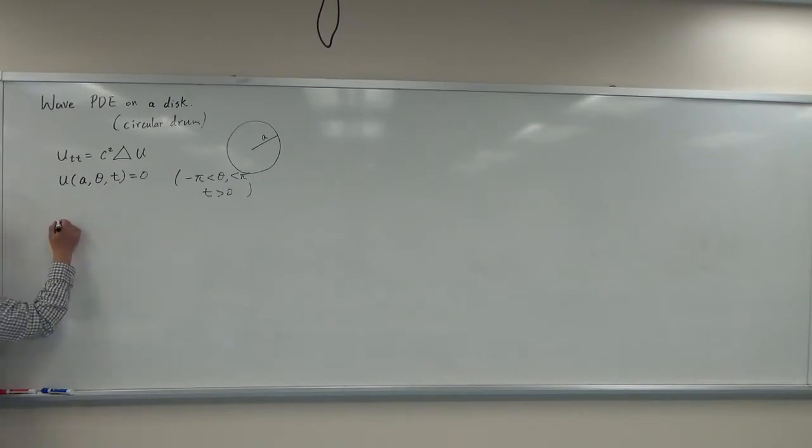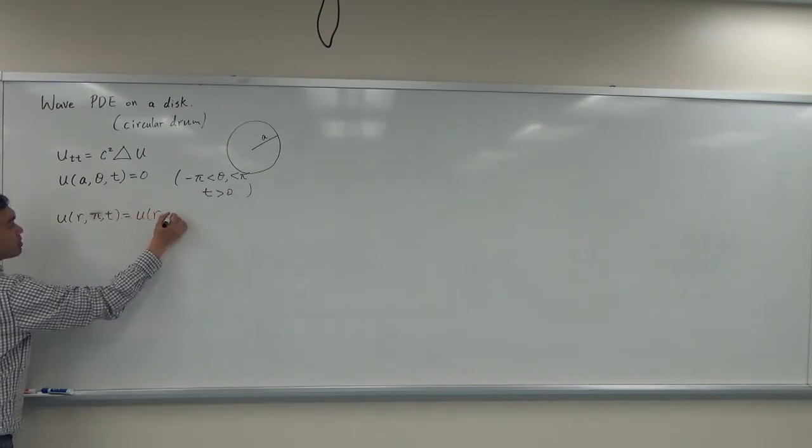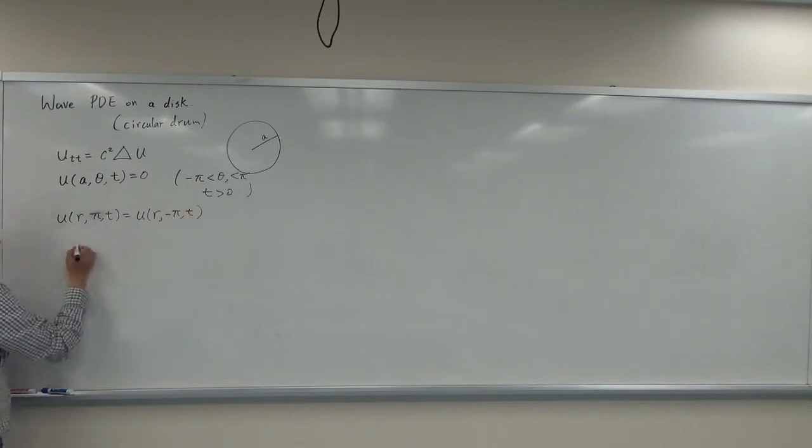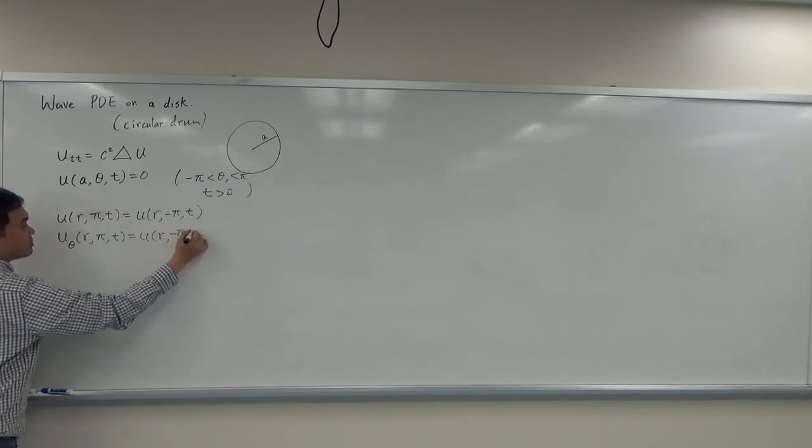And then there's this condition about periodic in the theta direction. So u(r, pi, t) should equal u(r, negative pi, t), and also u differentiated in the direction of theta at (r, pi, t) should equal that at (r, negative pi, t).